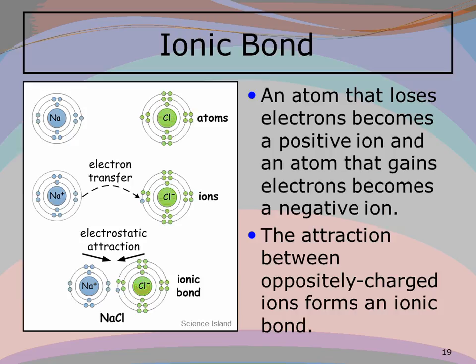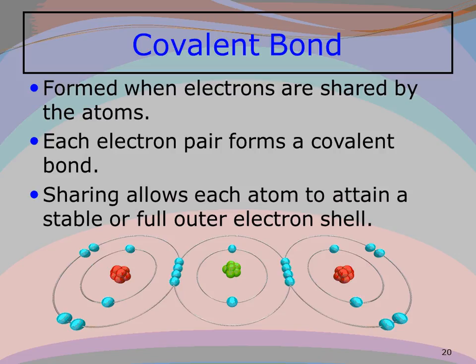Do you guys remember when covalent bonds are formed? What's a covalent bond? Do you remember what co means in front of the word? To share. So covalent bonds form when they're sharing electrons. And that usually is shown by showing more than one atom together kind of sharing that outer orbit.